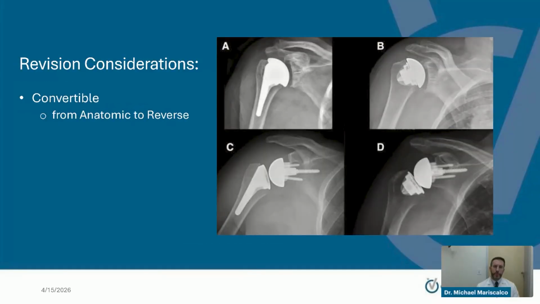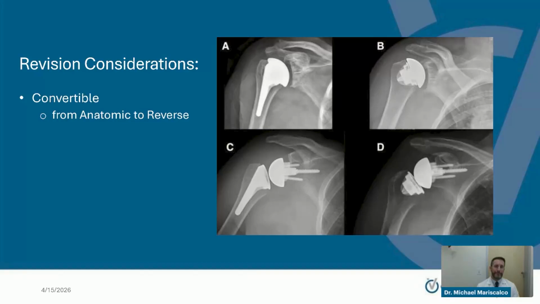So when performing an anatomic replacement, as in the pictures in A and B, it is, I think, wise for the surgeon to consider revision situations down the road, as in if for some reason the implant were to fail or to have a problem, as in the rotator cuff tearing or wear of the actual glenoid or other reasons.